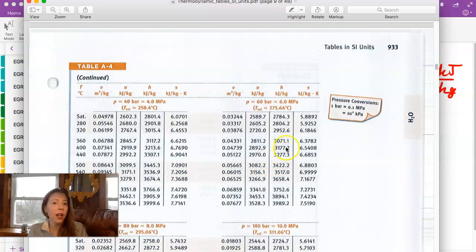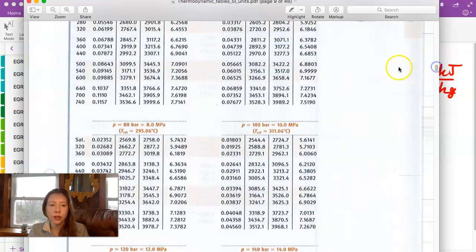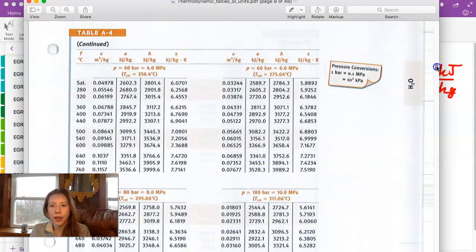And let's start by looking for enthalpy. Another thing to notice, 440 is in this row, and if you go down to 8 megapascals, 440 is in the middle there, so that could be a little trickier than it needs to be. So we're going to start at our lower limit for enthalpy at a pressure of 6 megapascals, which is 3,277.3 kilojoules per kilogram. Then we're going to add the difference between the pressure we're at, 7.6 megapascals, and our lower limit, 6 megapascals, divided by the increment in the table, 8 megapascals minus 6, so 2 megapascals.